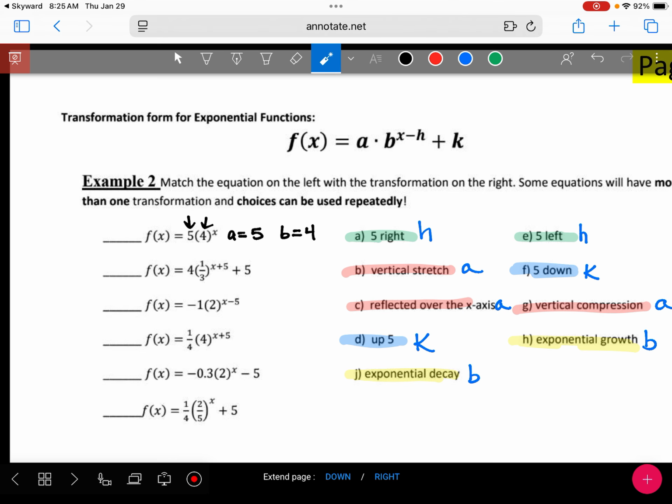What does that make the graph do? Stretch. So we're going to put the letter A. Now B is 4. Is 4 greater than 1? Yes, so it's going to grow. So it's A and H, sorry. Those are my 2 answer choices. Tanya?